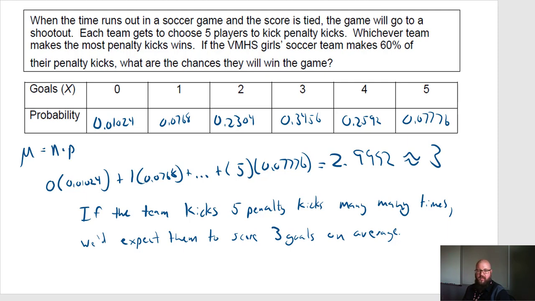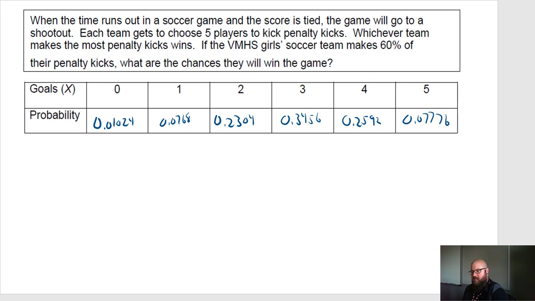All right, so now we'll look at trying to determine the standard deviation of this distribution. And again, that was simply by taking the square root of the number of trials times the probability times 1 minus the probability.